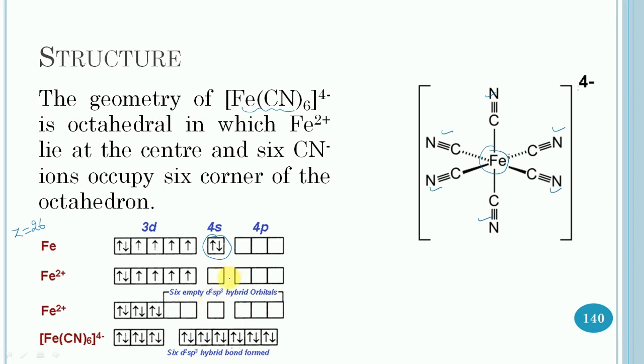So in order to achieve this, these 2 electrons are shifted to these orbitals so that pairing of electrons will take place, and finally these 6 orbitals, in which 2 orbitals are 3d, 1 orbital is 4s and 3 orbitals are 4p, are involved in d2sp3 hybridization.